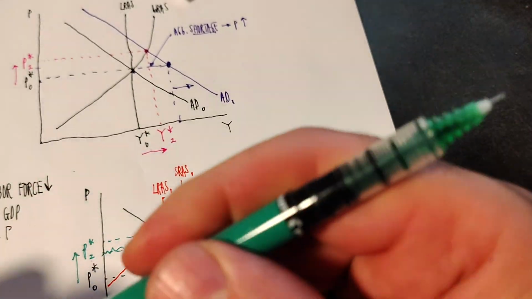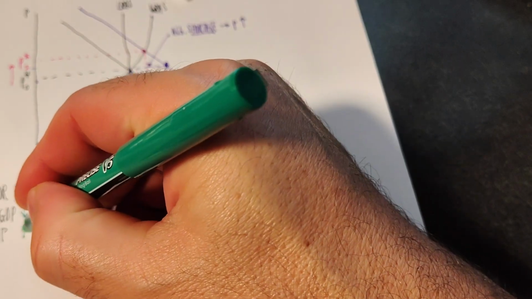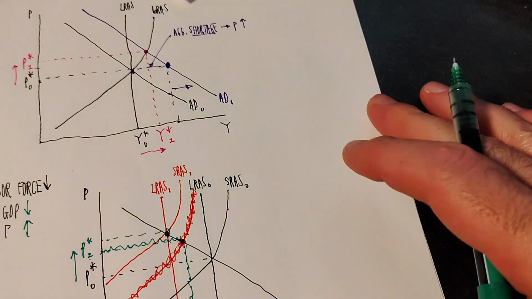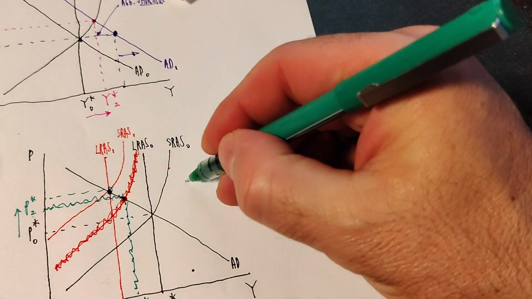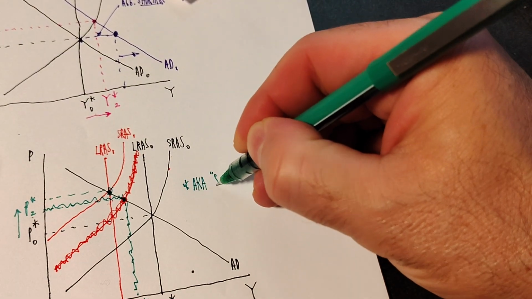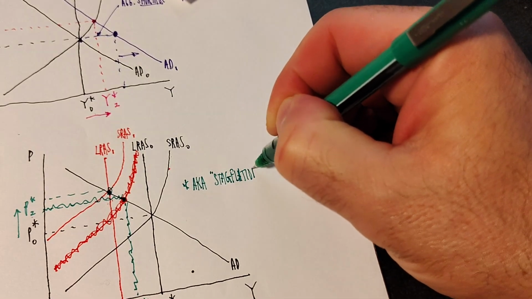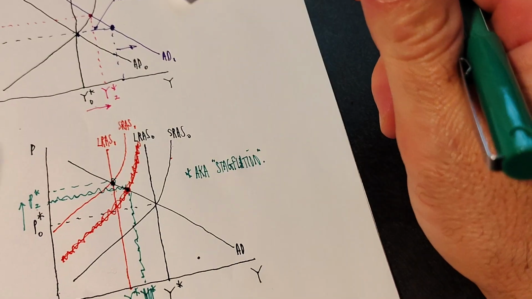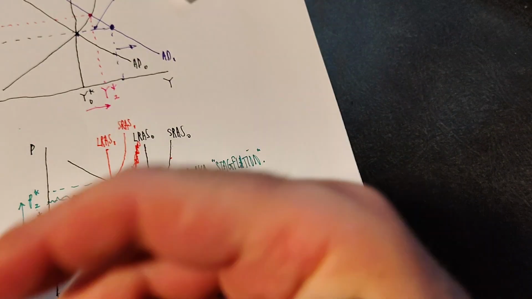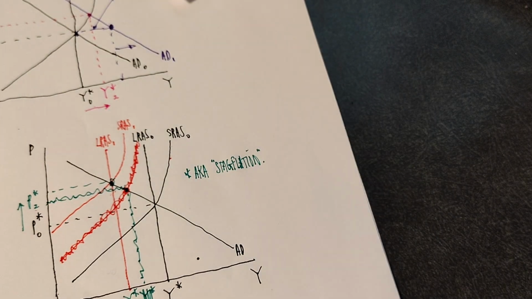So GDP is going to fall, and the price level is going to rise. And this is also known as stagflation. Okay. All right. Hopefully this didn't confuse you all too much.